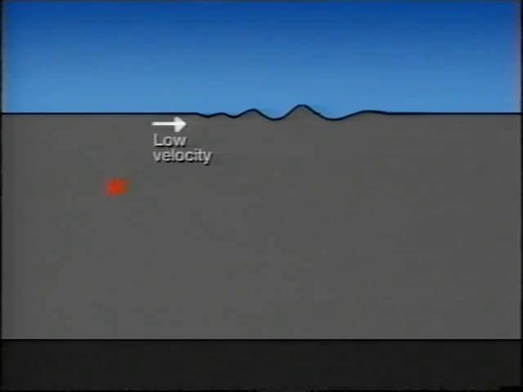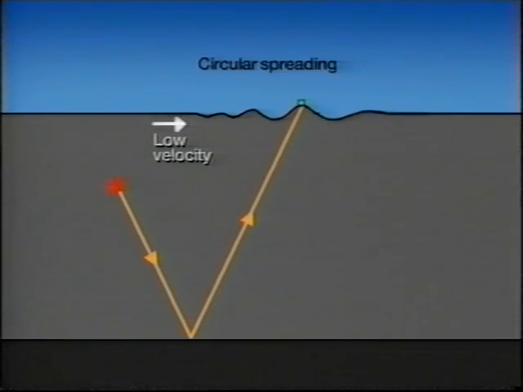Because they have low velocity, they are likely to reach the geophones just while we are recording our reflections. Because they are subject to only circular spreading, whereas reflections are subject to spherical spreading, their amplitude is often much greater than the reflections. So surface waves are our enemies.